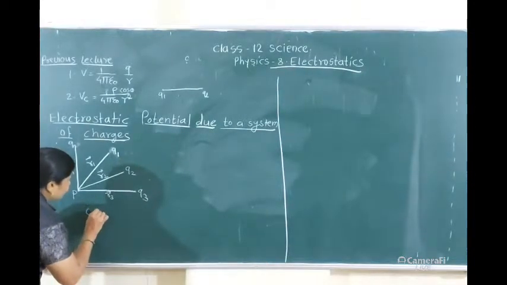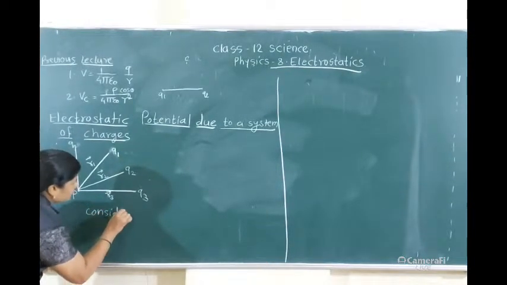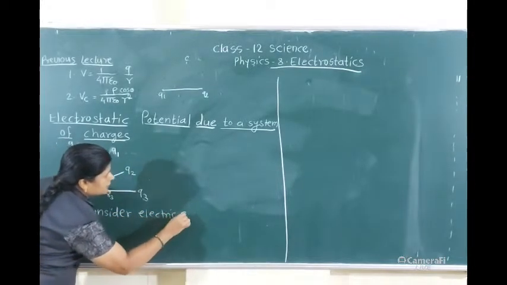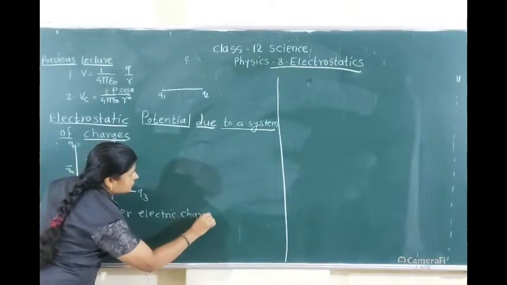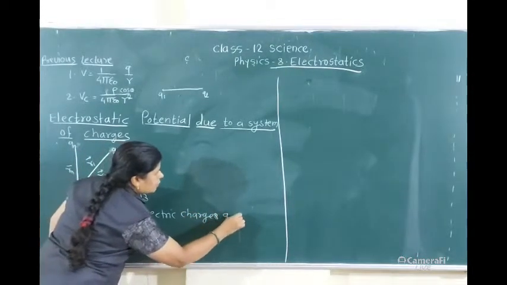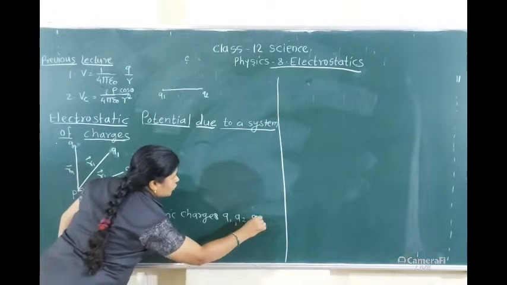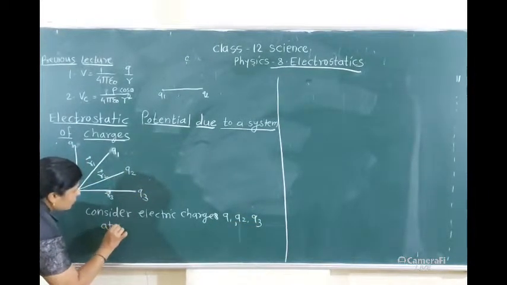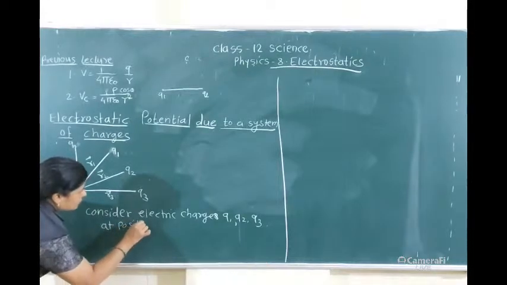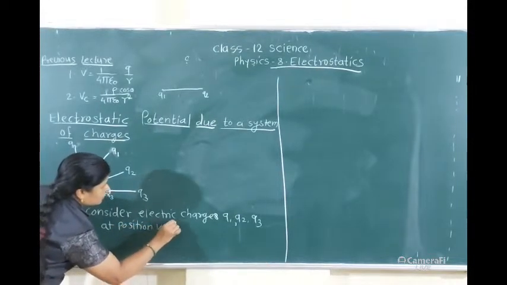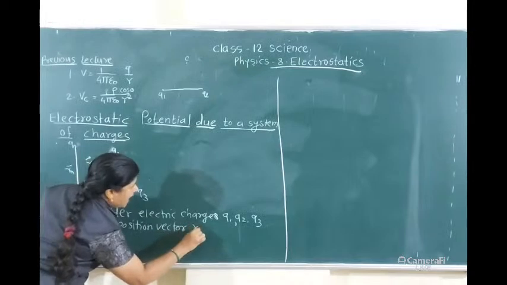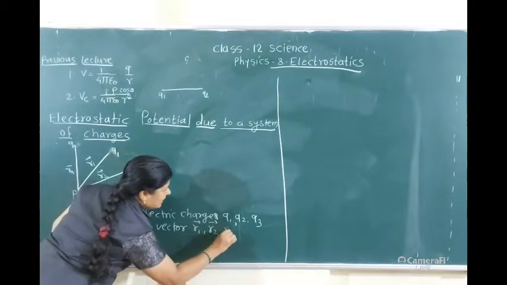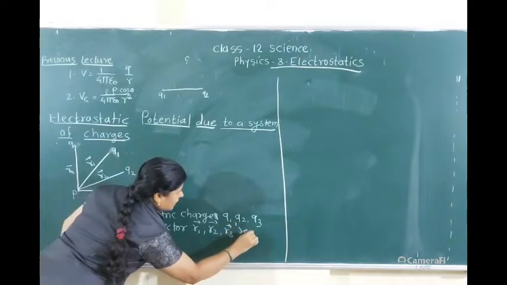So consider electric charges Q1, Q2, Q3 and position vectors R1, R2, R3 respectively.